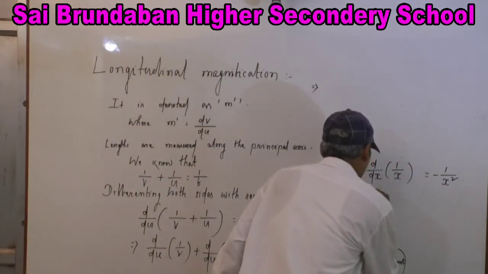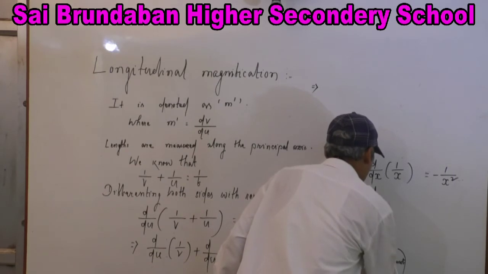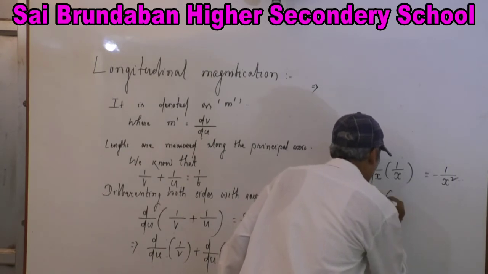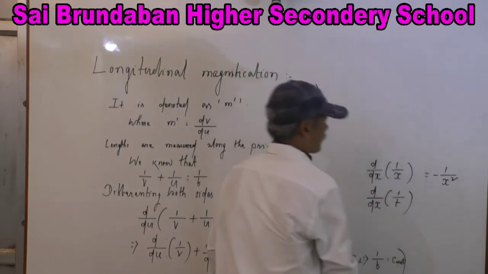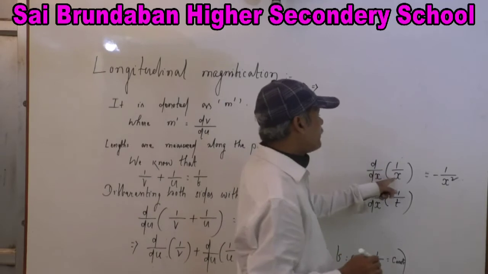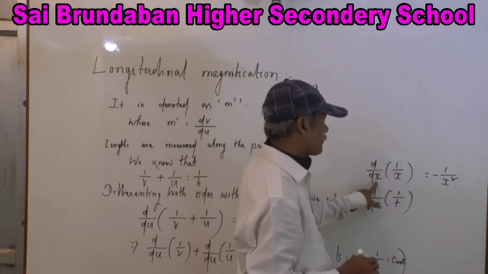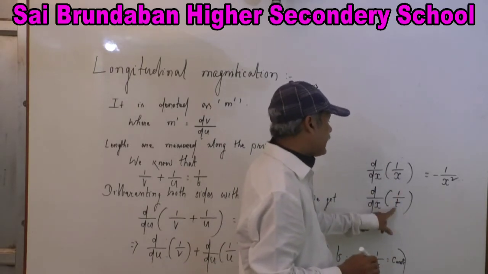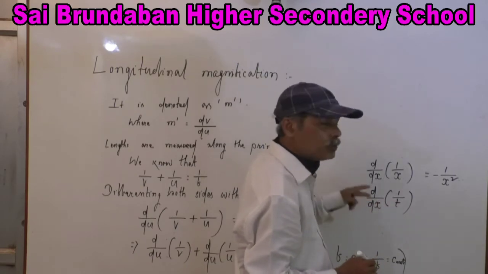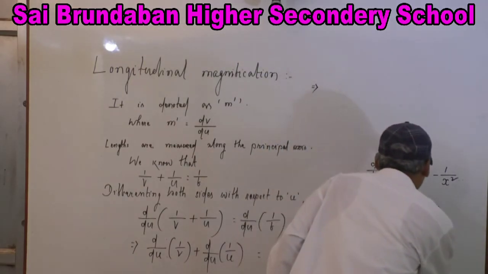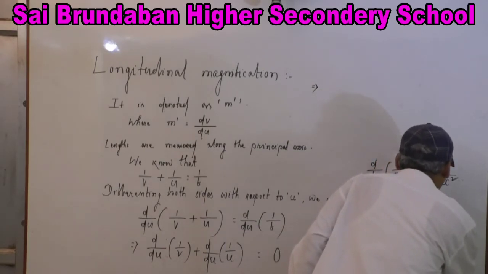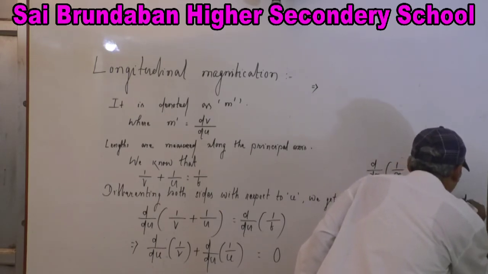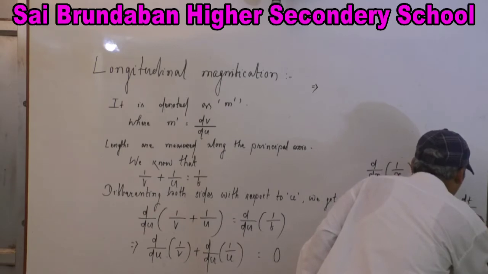But d by dx of 1 by t, differentiating 1 by t with respect to x, the two things are different. Its result will be minus 1 by t square into dt by dx.